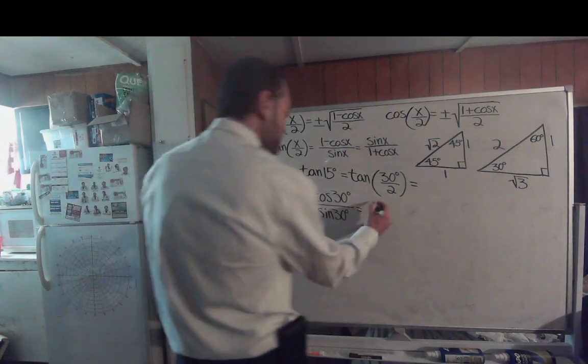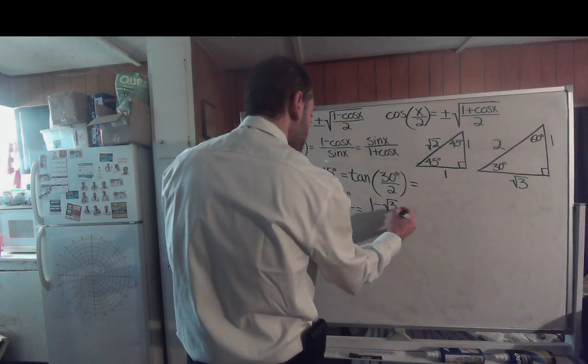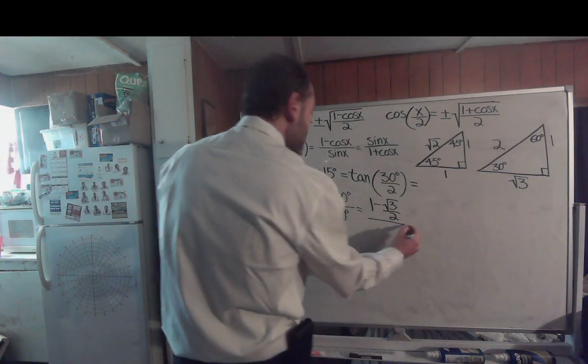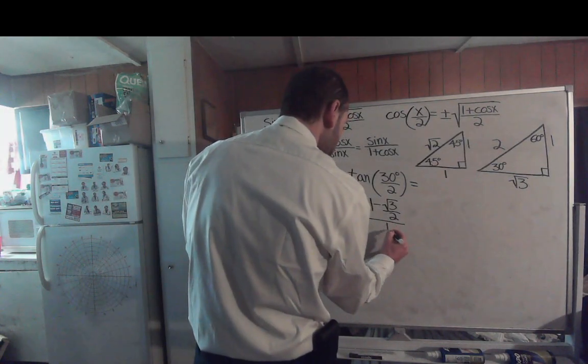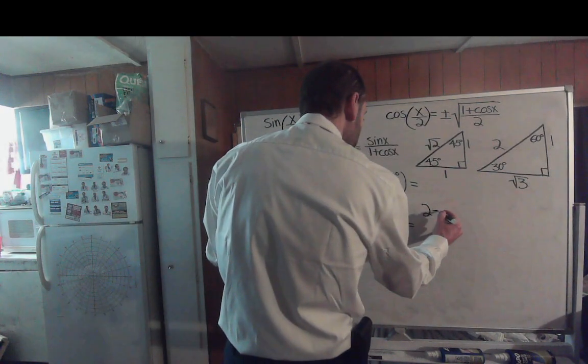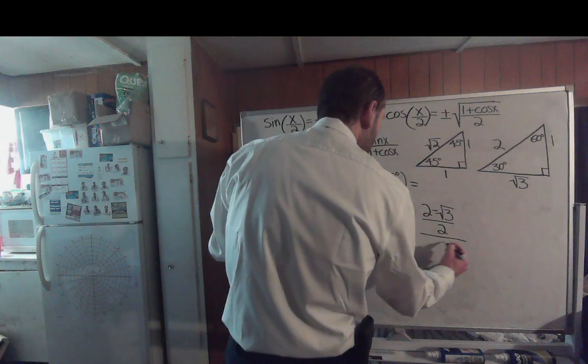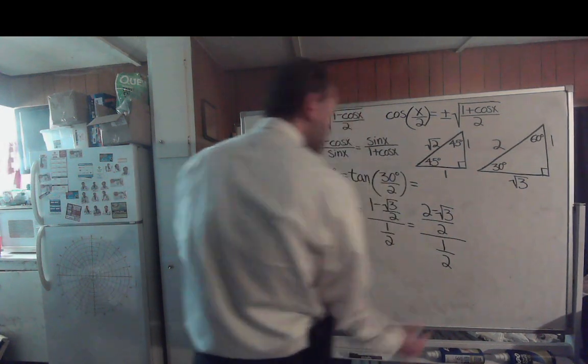Okay, so this will be 1 minus the cosine of 30, which is the square root of 3 over 2, divided by the sine of 30, which is 1/2. So this is going to equal 2 minus the square root of 3 all over 2, all over 1/2.